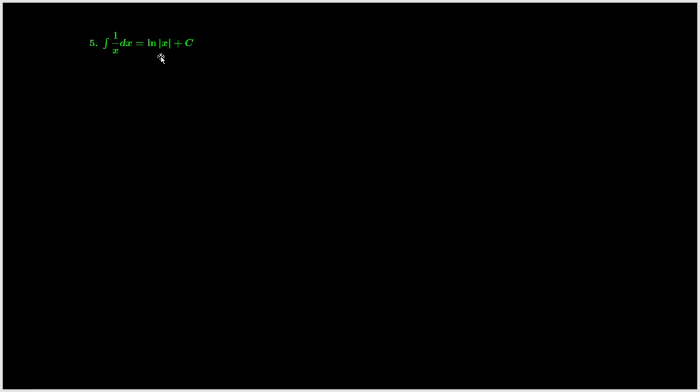Natural log of 0 is undefined as well. So we divide the whole thing into two cases. Let's say x is a positive number, and if you take the derivative of natural log of x, you know it's 1 over x, right?